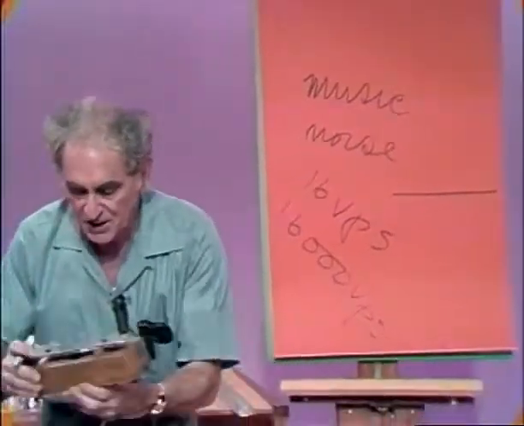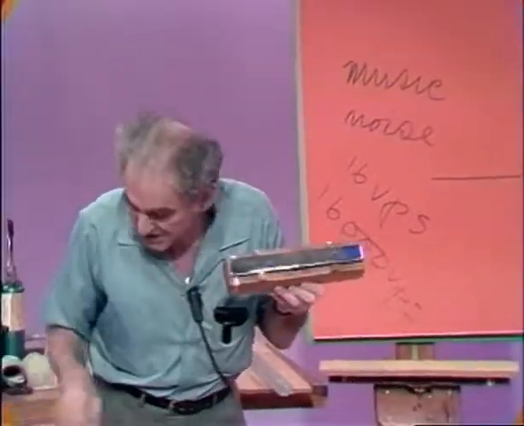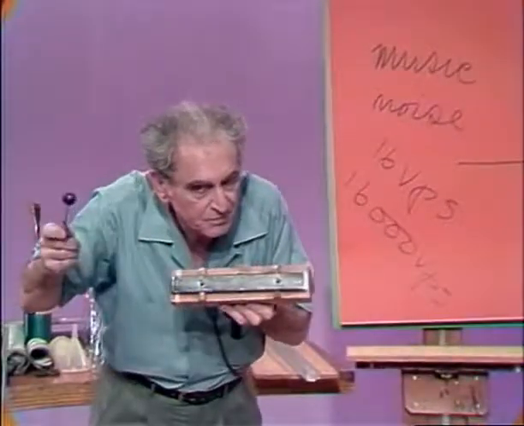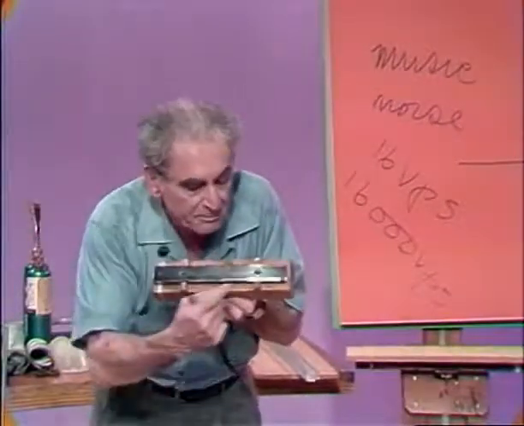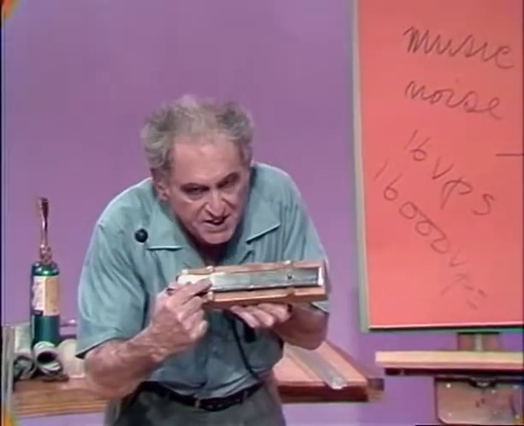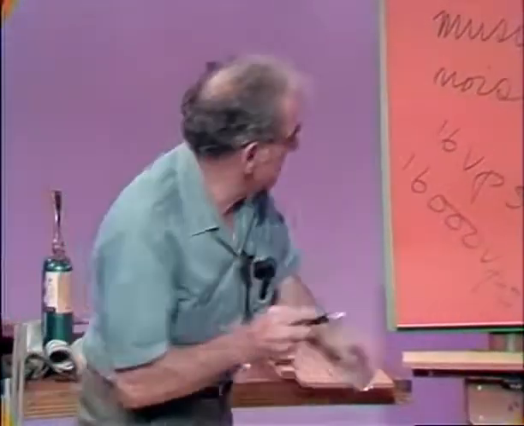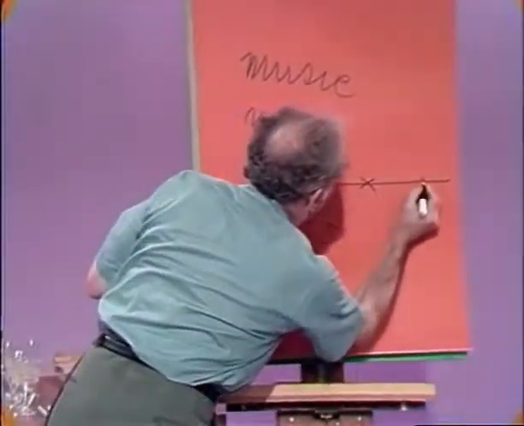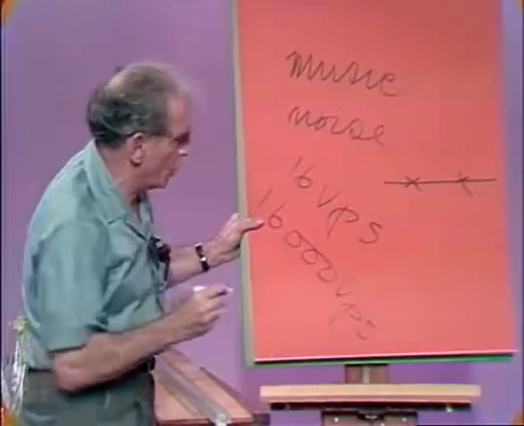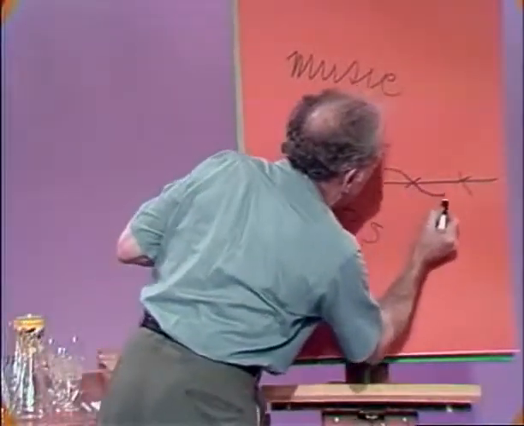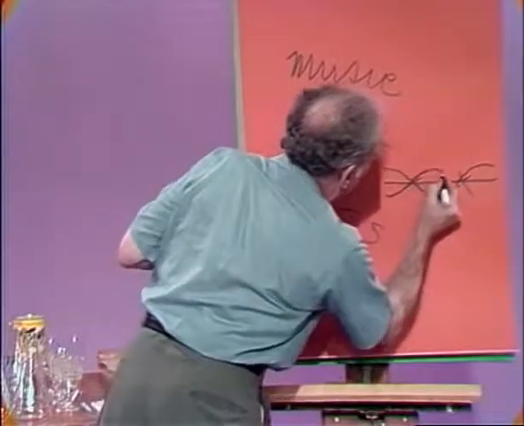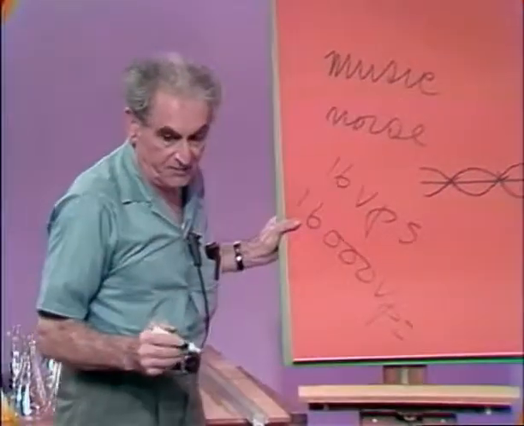Here is that bar that I have already struck and made sing. And you'll notice that bar is fixed here and fixed there. These are positions of rest in the bar, and they are called nodes. And the bar is really doing something like that, which I will show you in another lesson.